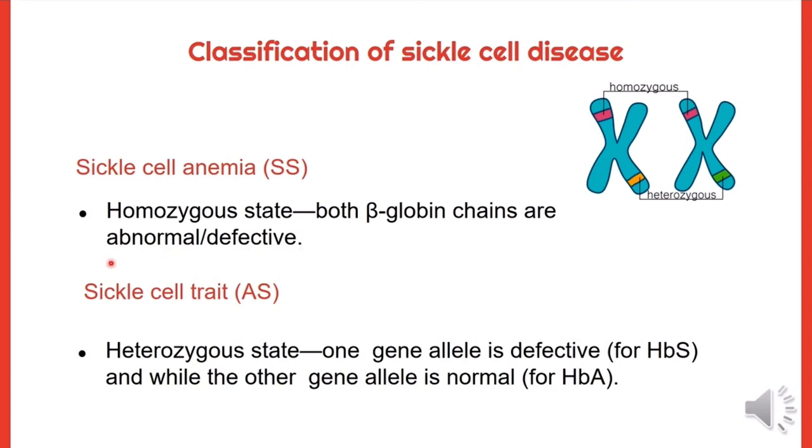While in sickle cell trait, there is a heterozygous state where one allele is defective and produces HbS, and the other allele is normal and produces HbA. So the person will have a combination of HbA and HbS.